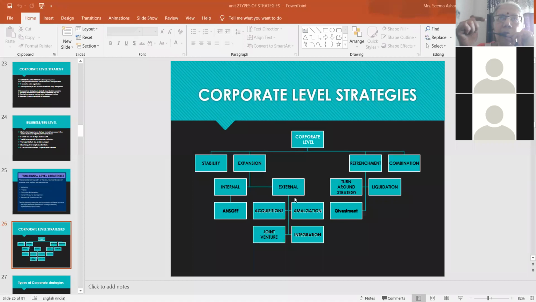Under corporate level, divided into four parts, which I just said: stability, expansion, retrenchment, and combination. And go on completing the chart as and when we do it in class. So it will become very easy for you. After a few days, you will not forget what we have done in the class.